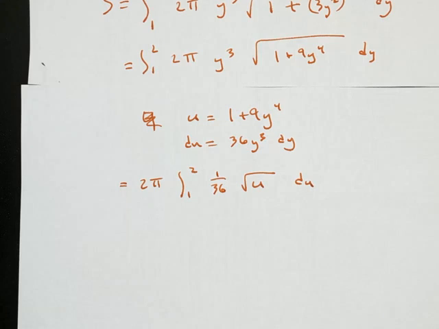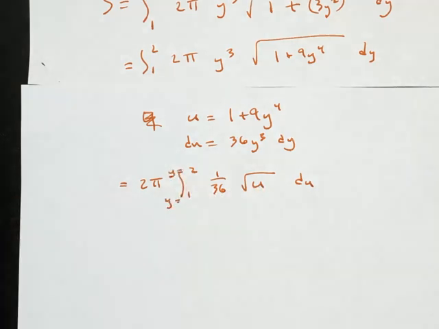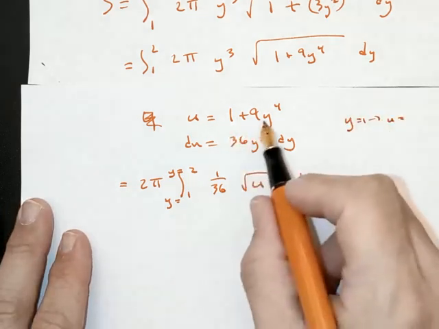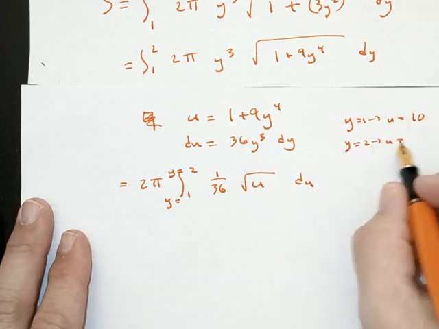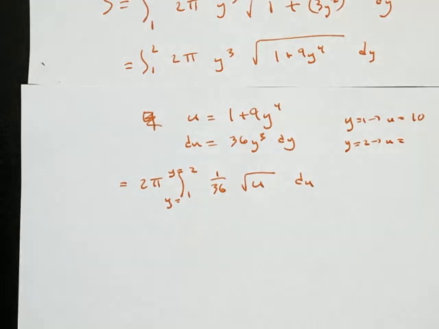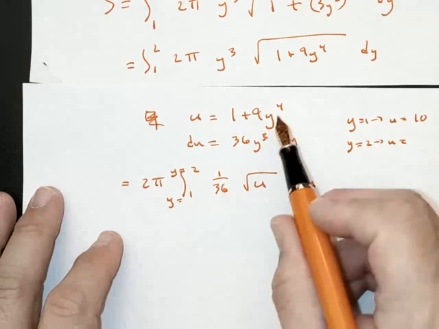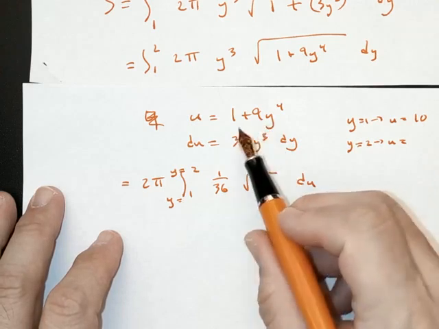I know how to do that one. Oh, wait a second. I didn't change my limits. I should change my limits. If y equals 1, then u is 1 plus 9 times 1, that's 10. If y equals 2, u is 2 to the 4th is 16. 16 times 9 is 144.